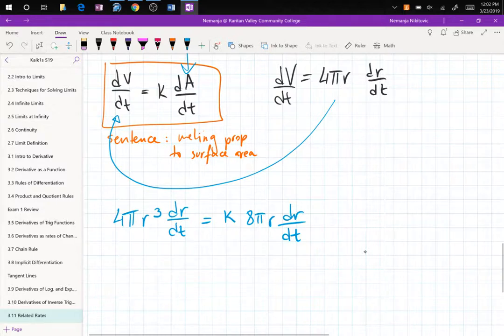Oh, this is supposed to be a square, guys. It's supposed to be a square.